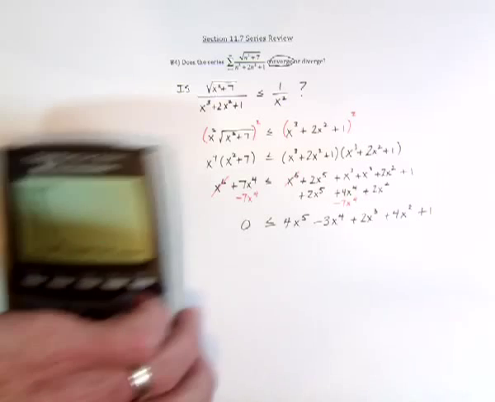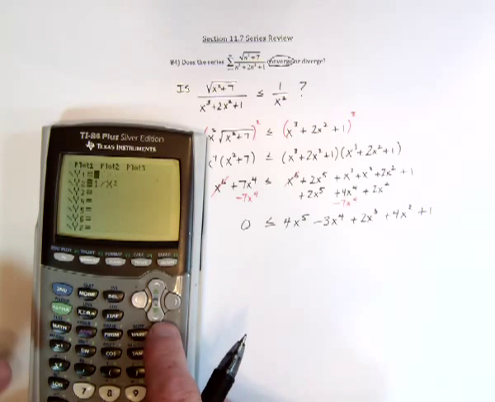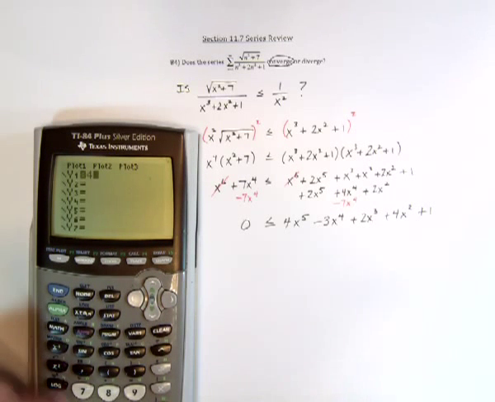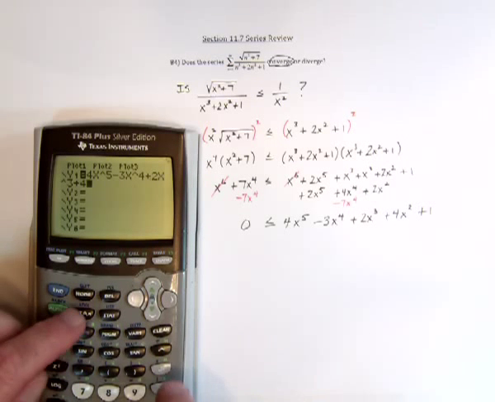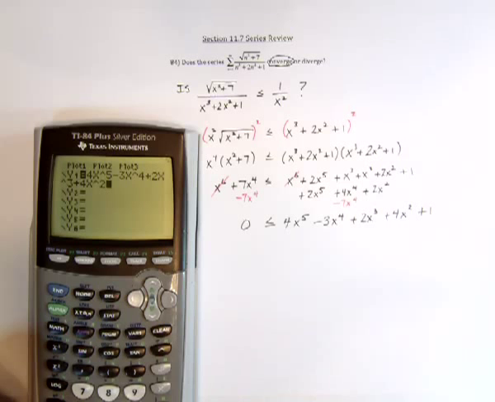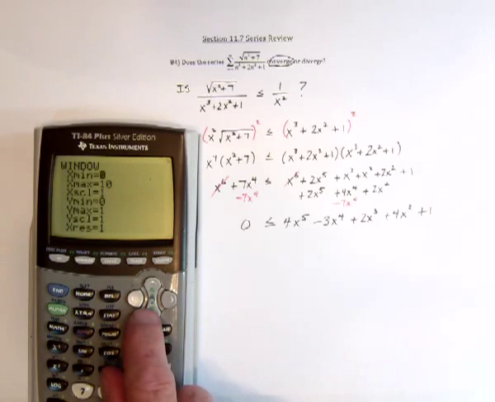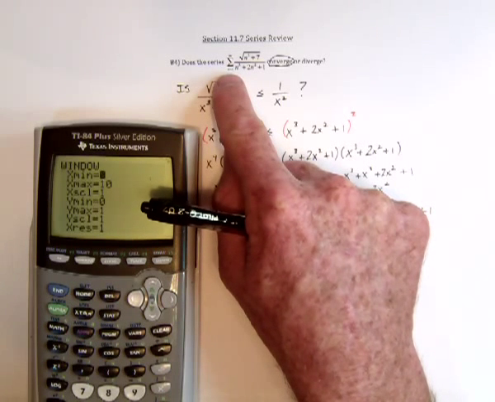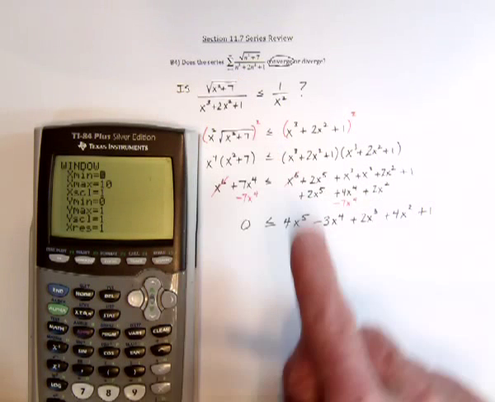So then we could verify 4x to the fifth minus 3x to the fourth plus 2x cubed plus 4x squared plus 1. And then we need to know, starting actually at 1, or from some point after 1, is it true that this polynomial is positive?